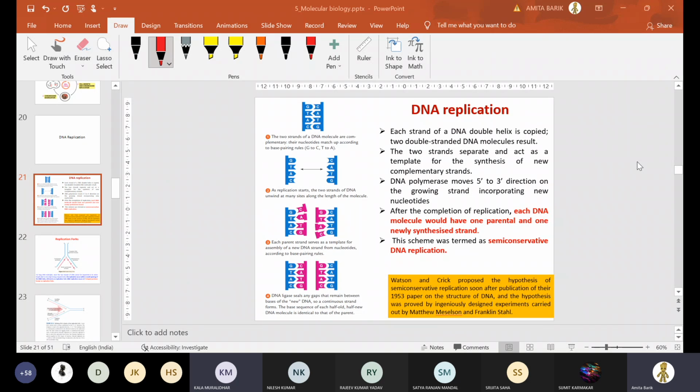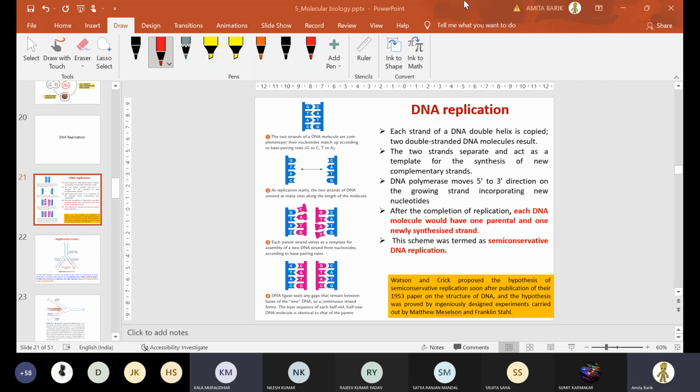In AT, 2 hydrogen bonds are there, and in GC, there are 3 hydrogen bonds between the two molecules, right? So these are two very important features. Anything else? They're anti-parallel, they're complementary in the sense that they are base pairing, and also they are polar in nature. Okay, so you all know about this.